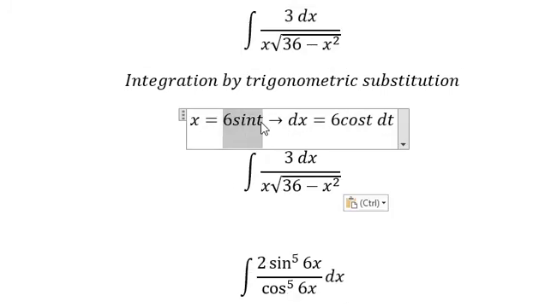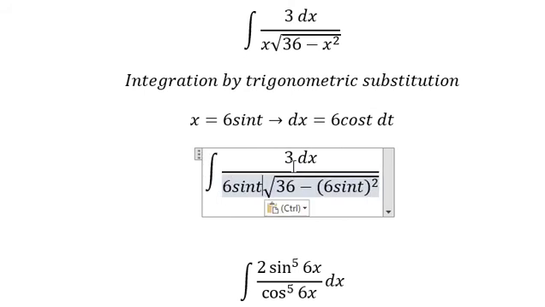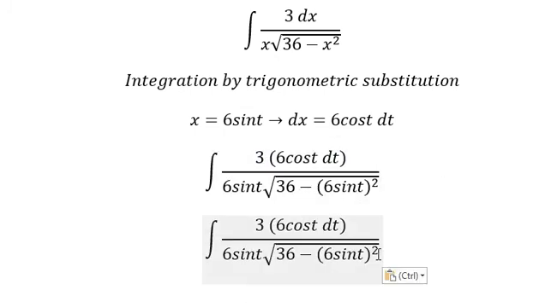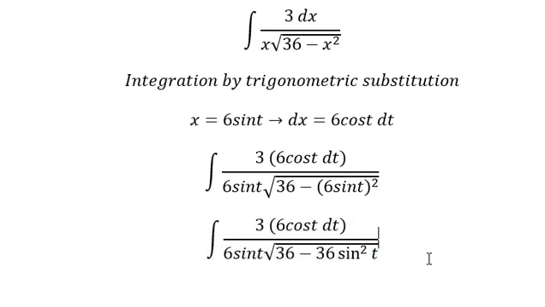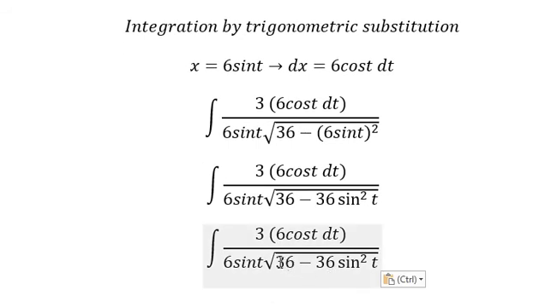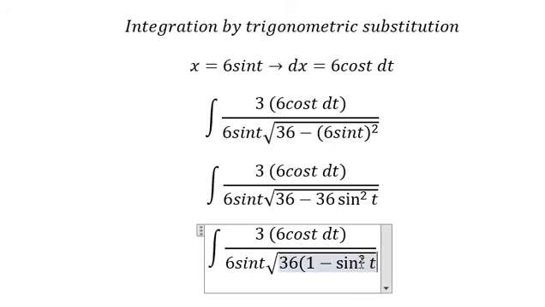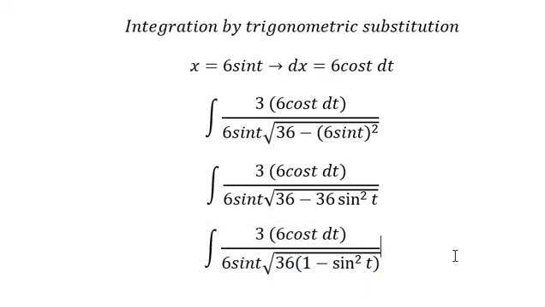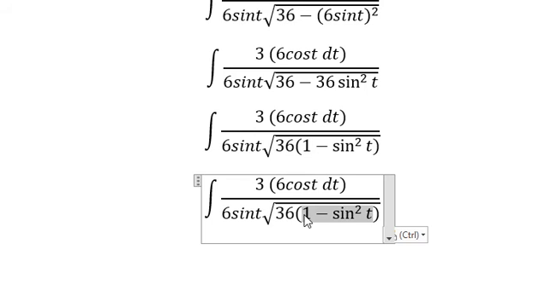So we put this one in here and here. ds we change for this one. This one you get 36 sine t squared. 36 we do factorization. 1 minus sine t squared, we change for cosine t squared.